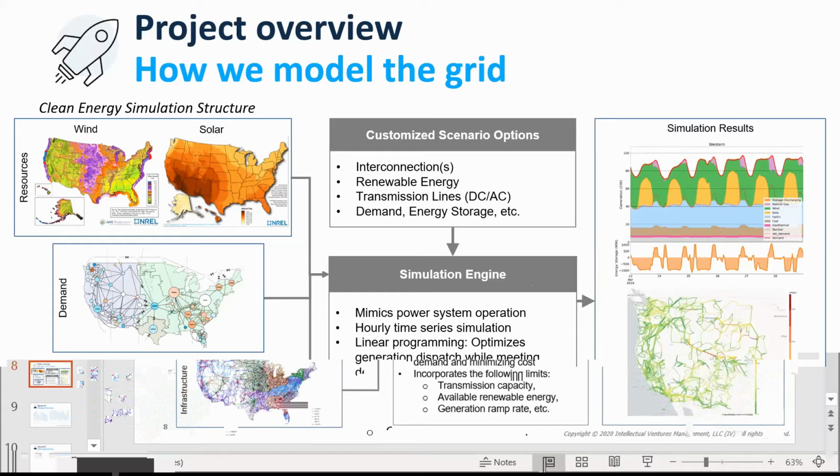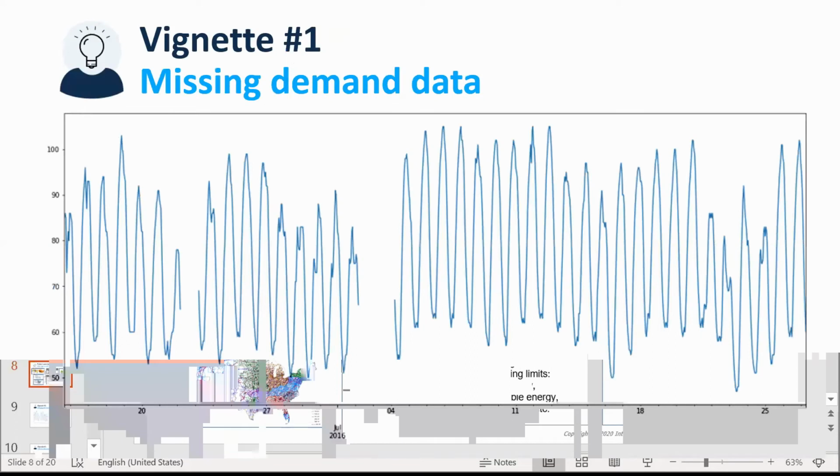So back to where I was, our simulation engine. For our modeling efforts, we have a linear programming model where we optimize generation dispatch while meeting demand and minimizing costs at each node. And then we also incorporate some real world limits. I wanted to share with you 2 examples of different data science problems that we address with our modeling efforts.